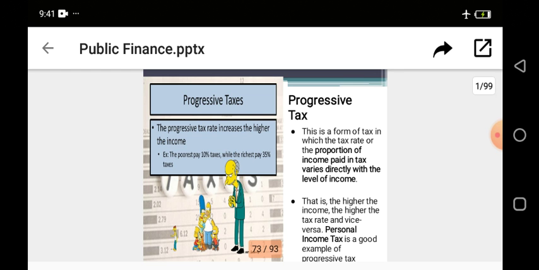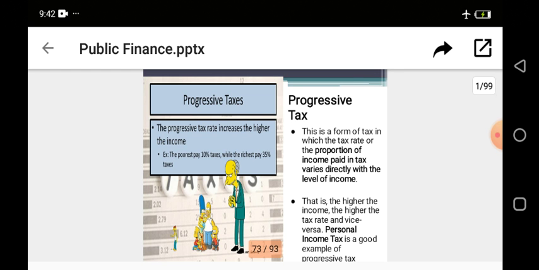For example, the poor individual or the people that are low income earners pay less compared to the people that are high income earners, meaning the poor people pay less and the rich people pay more. So it is a form of tax in which the rate or proportion of income paid in tax varies directly with the level of income.